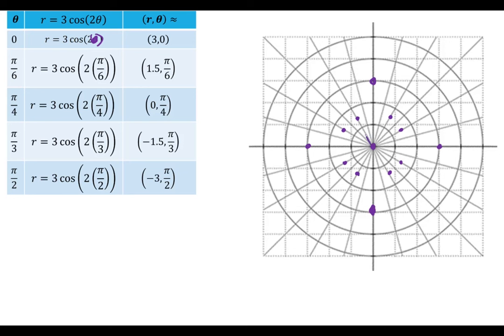I claim this will look like, and I may not be drawing it in the correct order. But here we have a rose with 4 petals.